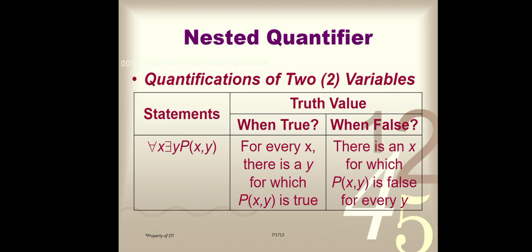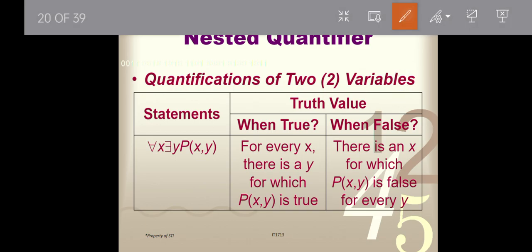Now, let's proceed to the next. So, what if kapag, ito naman, we have for all x, there exists y, p of x, y. So, meaning to say, sa lahat daw ng x, meron daw y, no, sa given na p of x, y. For all x, there exists na y. Okay, ano kayang truth value? Kailan siya magiging totoo?